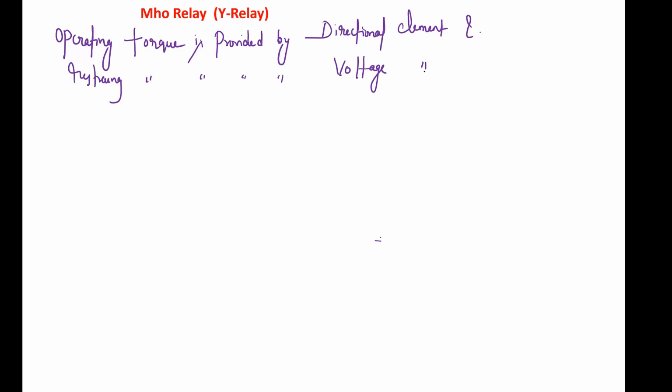So again, if we neglect the spring torque, the net torque from the universal torque equation is K3 VI cos(theta minus tau) minus K2 V squared. So the first term is the directional element. The restraining torque is provided by the voltage element.